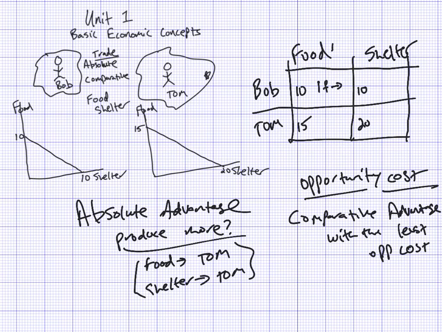So for every one food that he makes, how much do we have to minus over here for shelter? Well, that's pretty easy to see, right? So for every 10 that he makes, he has to give up 10, right? Because you can either produce 10 food and 0 shelter, or you can produce 10 shelter and 0 food. So 1 shelter is his opportunity cost. So this number right here is opportunity cost for every 1.